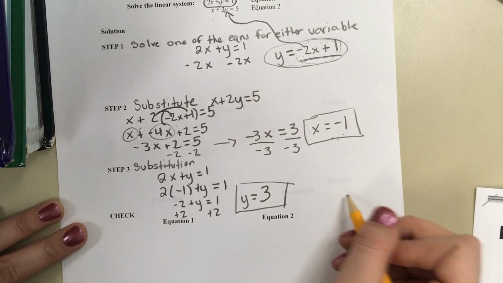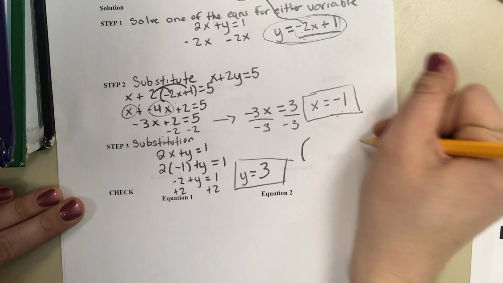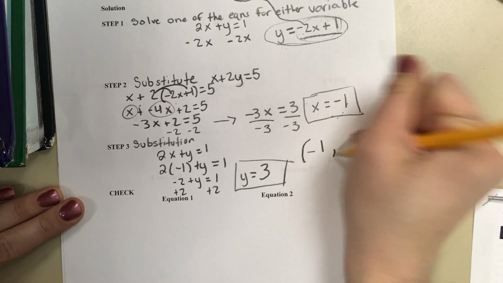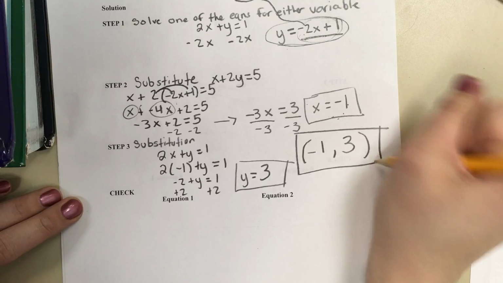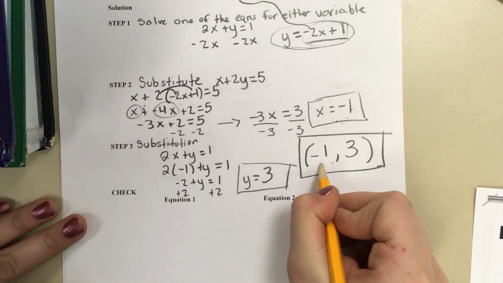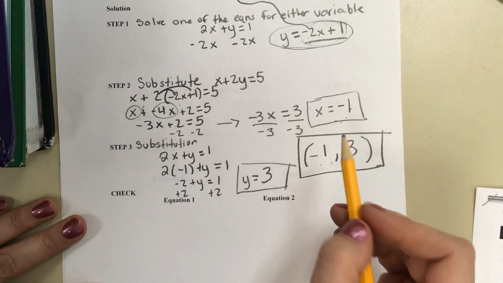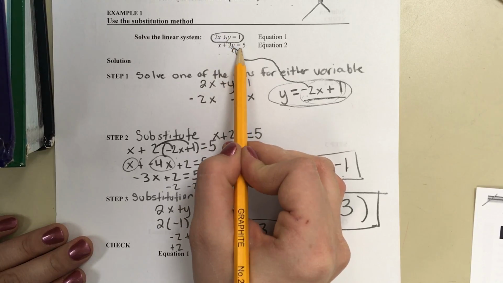When you write your final answer, you are going to write it as an ordered pair, where x is negative 1 and y is 3. It is very important that you understand what this means. This point means that it will satisfy both equation 1 and equation 2.